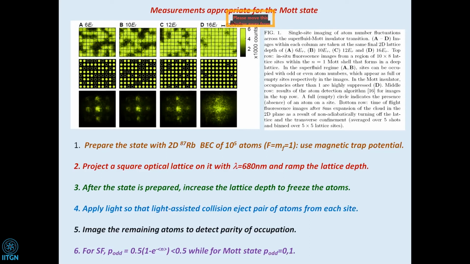The idea is that in the previous experiments, measuring the momentum distribution is a very nice thing to do if you're in a superfluid phase where all the bosons are roughly in one momentum state. But it doesn't give you much information in the Mott state, where everything is completely delocalized in momentum space, because it just looks like a random distribution of blobs.